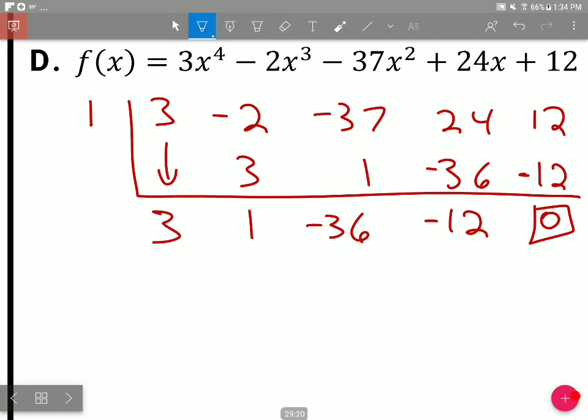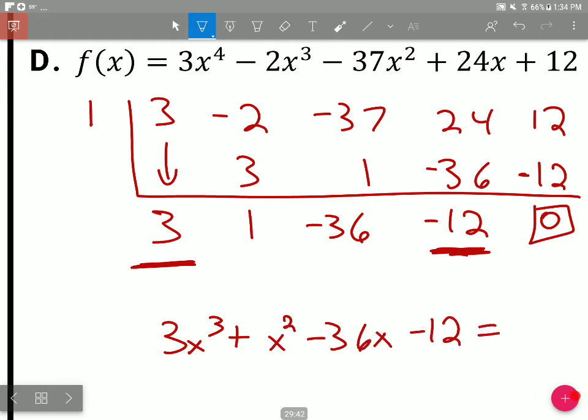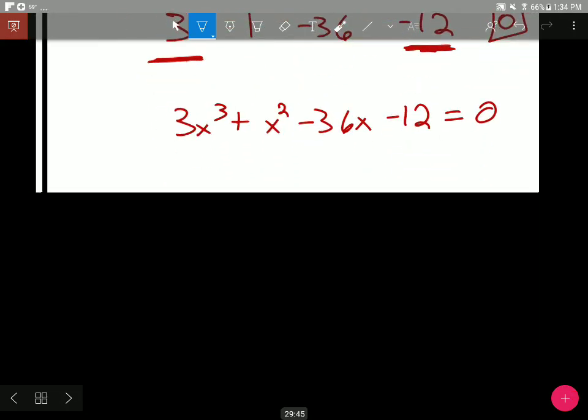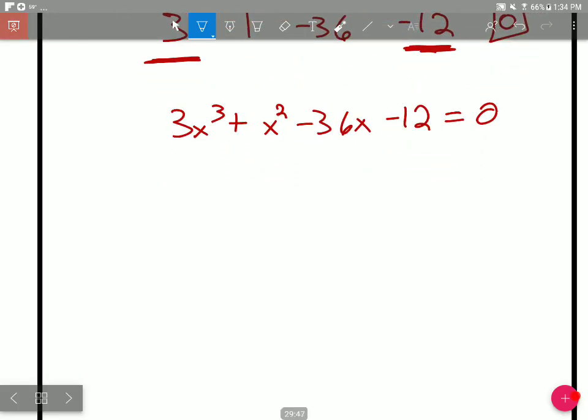Okay? From here, we can start factoring this. So if that's my constant, this 3 is an x to the what power? Third. So 3x cubed plus x squared, I'm sorry, minus 36x minus 12 equals 0. And I am going to factor this by grouping, because I have 4 terms.